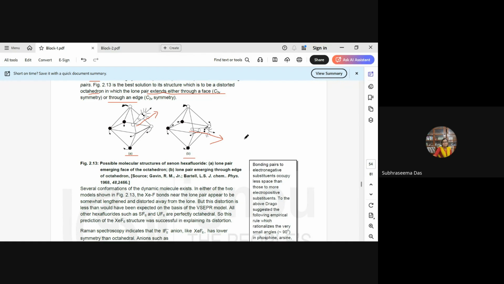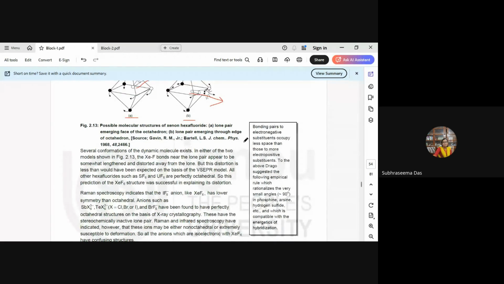So these 2 possible molecular structures for xenon hexafluoride were predicted. Several conformations of this molecule were found in either of the 2 molecules. If we look into these 2 possible conformations, the XeF bonds, that is the xenon and fluorine bonds near the lone pair, appear to be lengthened and were found to be distorted away from the core.